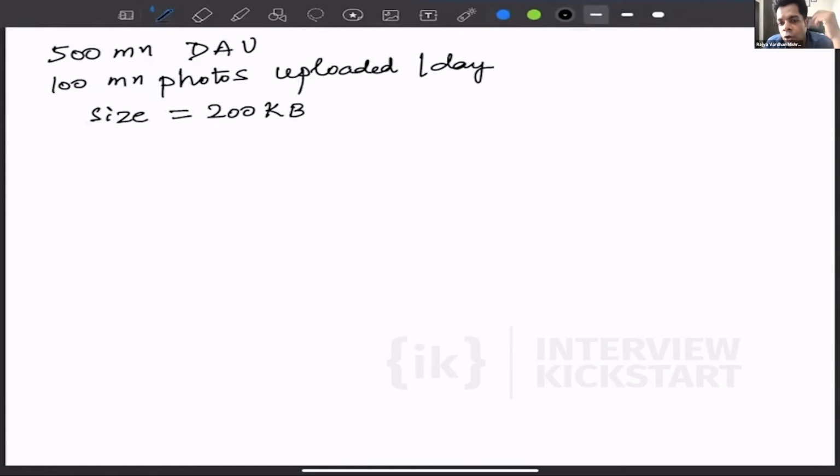Now the question is how much data is required to store photos in the future. Generally, for the future you can say 5 to 10 years.